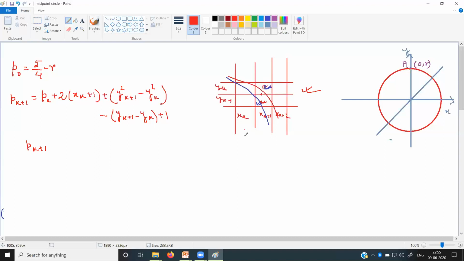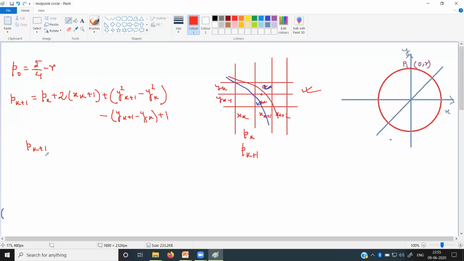So at the kth iteration, based on the value of pk, we take the decision which pixel should be illuminated. Along with that, we also compute the decision parameter for the k plus 1th iteration. So being at the kth iteration, we compute two things: one is the xy coordinate for the kth iteration, and along with that we compute the decision parameter for the k plus 1th iteration. Clear?